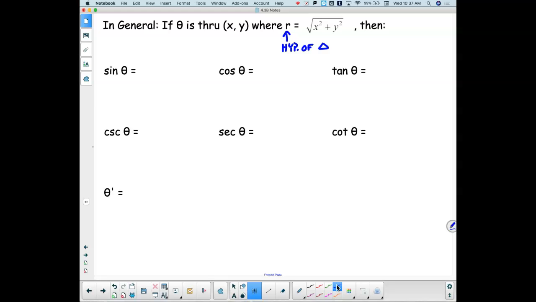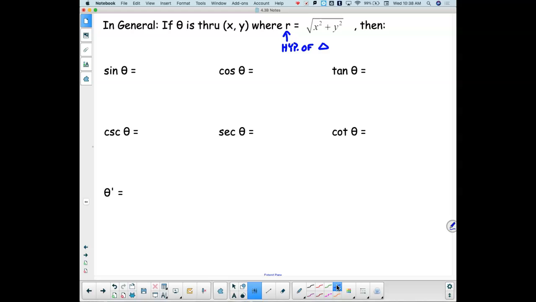So the sine of theta, then, is going to be what? Look back on your last two examples. In terms of x, y, and r, what would sine be? Y over r, right? Why are we putting it over r?